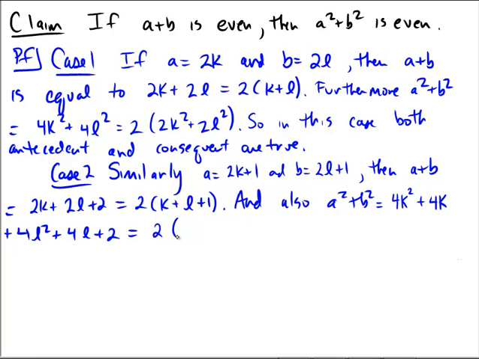So we'd have 2 times (2k squared plus 2k plus 2l squared plus 2l plus 1).